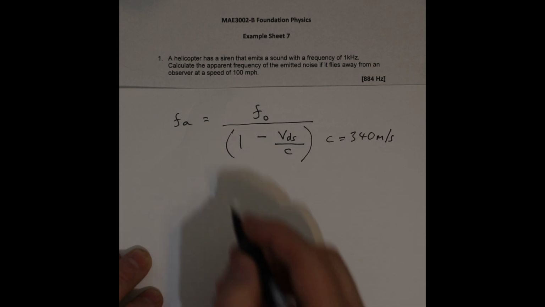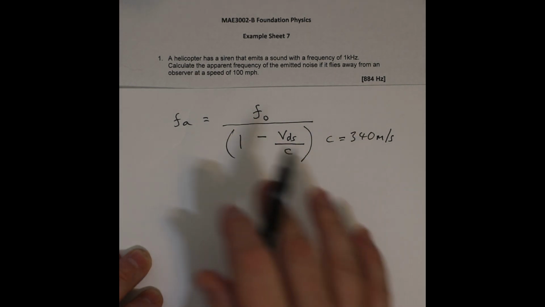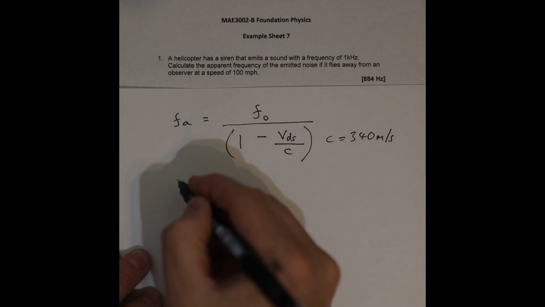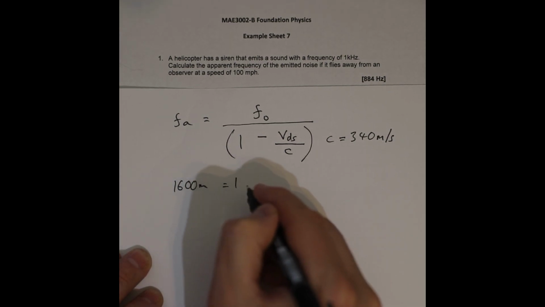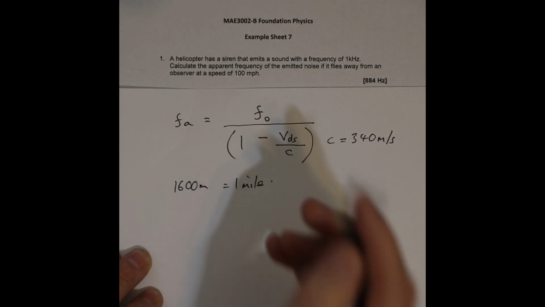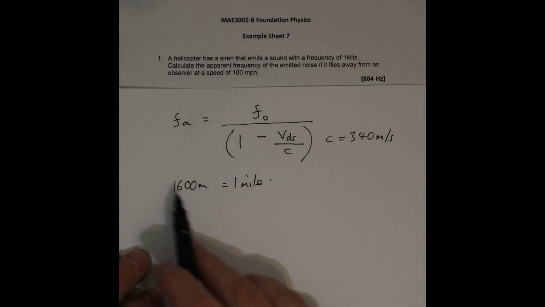In order to calculate that, we need to know how many meters are in a mile. Well, 1600 meters equals 1 mile. So if the helicopter is traveling at 100 miles per hour, then it's going to be 100 times this value.